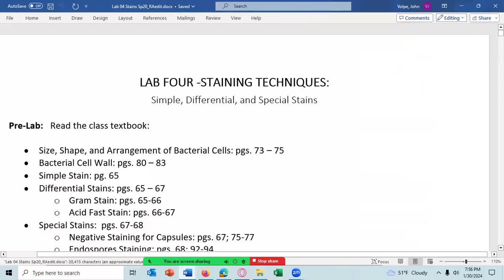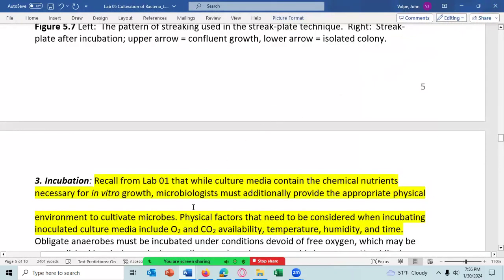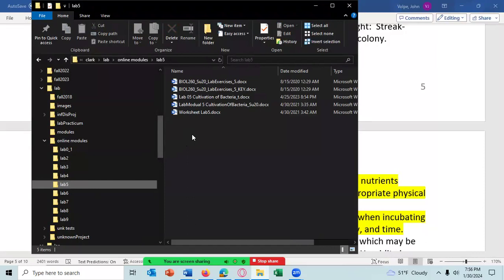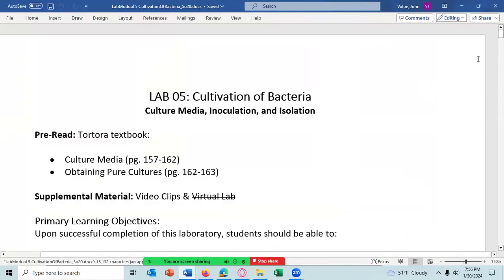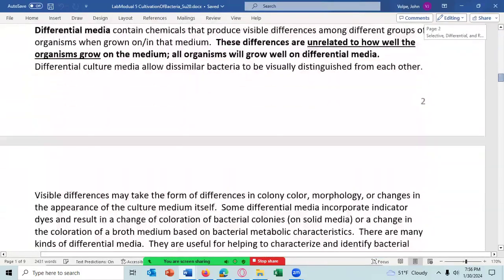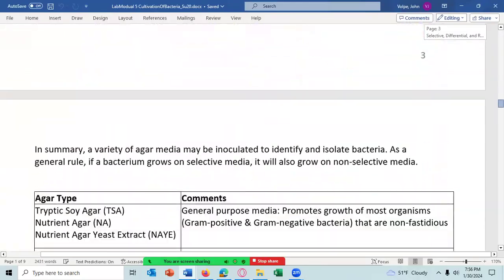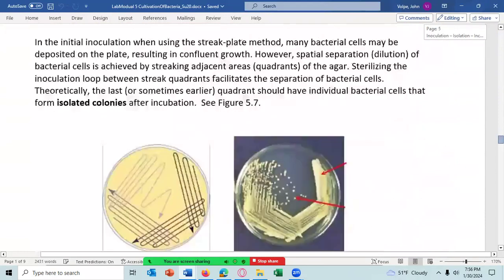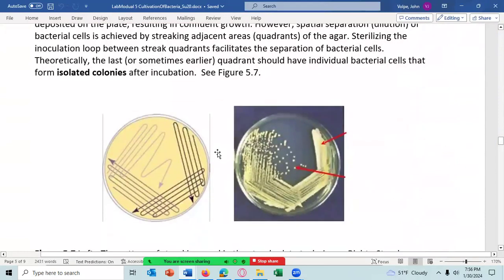No, that's not it. I'm on lab 5. That's the picture I'm looking for. Why couldn't I find that in the other?